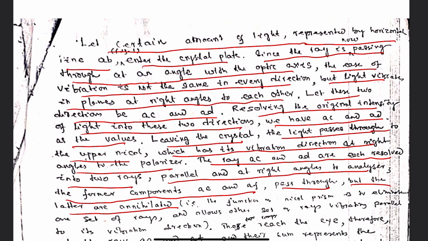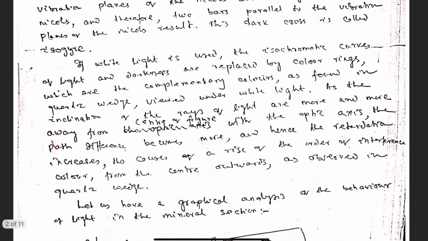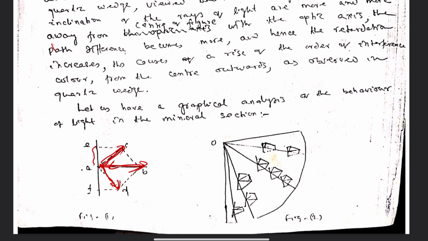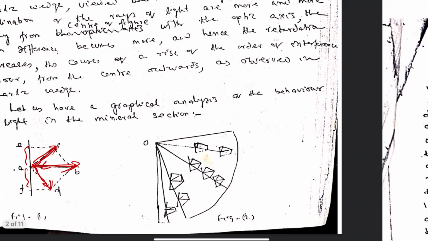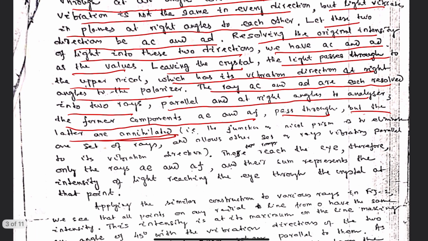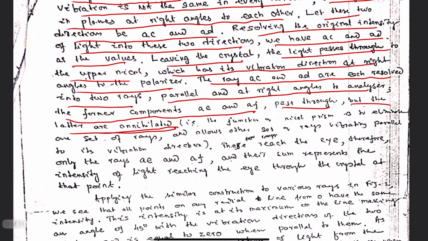So AC and AD are each resolved into two rays parallel and at right angles to each other in the analyzer, and the former components AE and AF pass through but the latter are annihilated. This is AE, this is AF. They pass through the analyzer. The other is annihilated or destroyed. The function of the nicol prism is that it will eliminate one of the rays and allow the other set to pass through. This has been described.